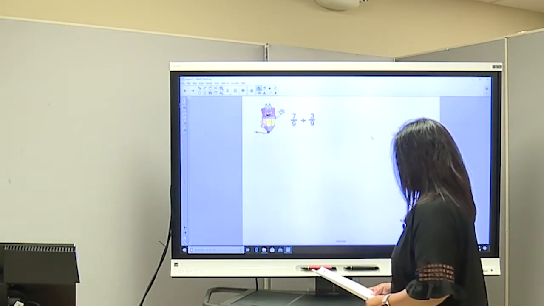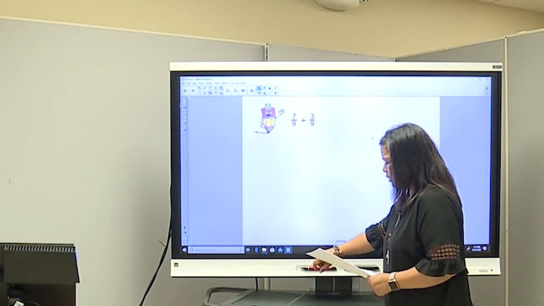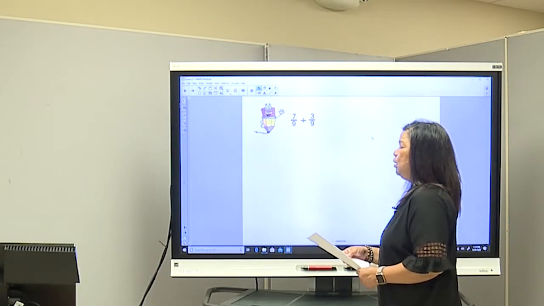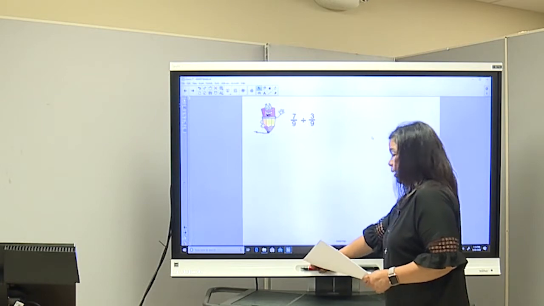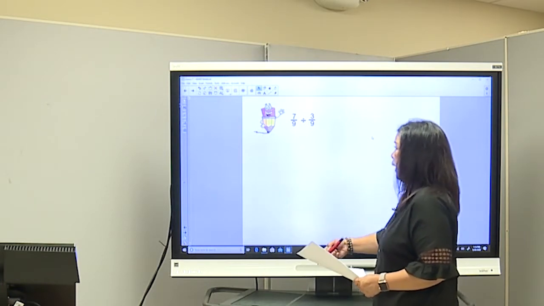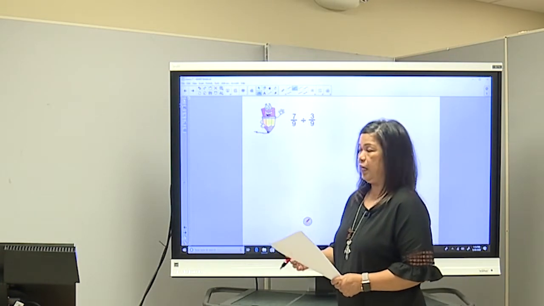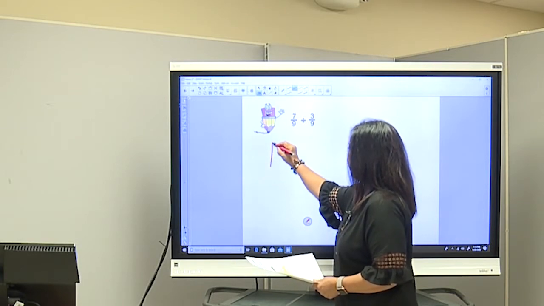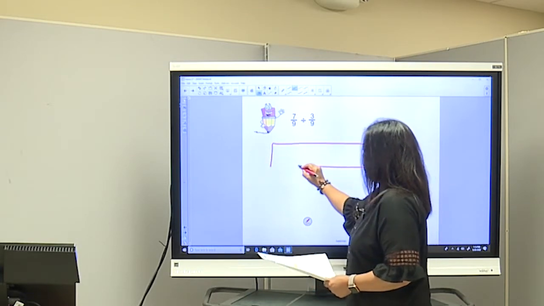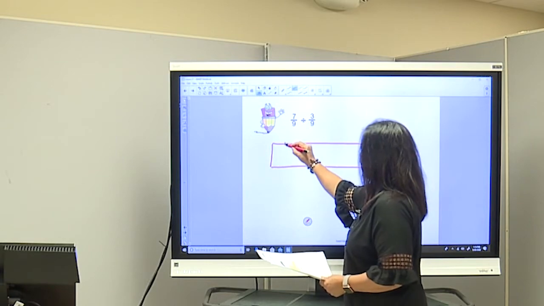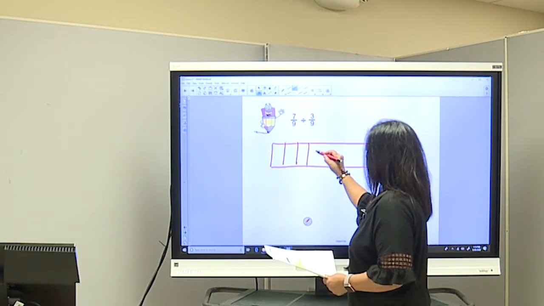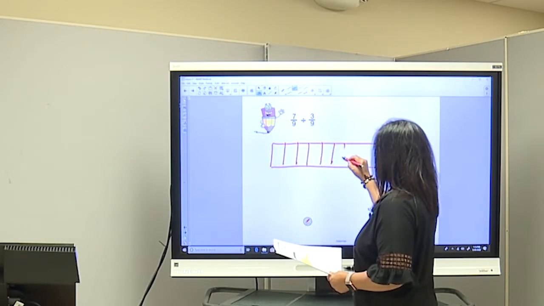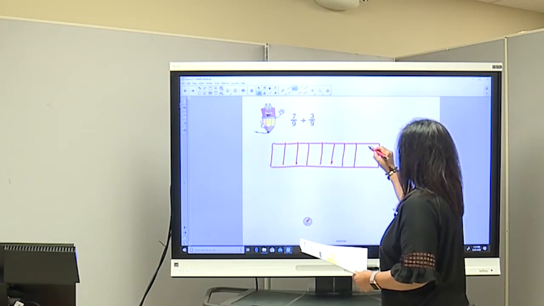All right. So instead of writing the unit form, why don't we show a model so that we will see what happens to these fractions when divided. So I need 9 parts. 1, 2, 3, 4, 5, 6, 7, 8, and 9.